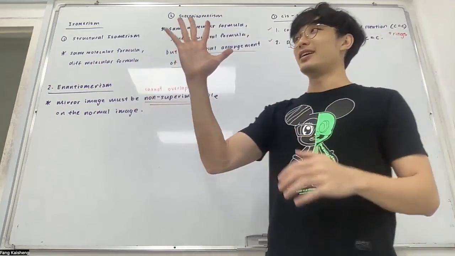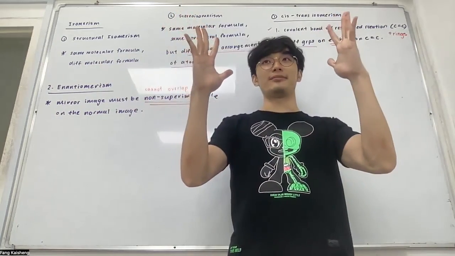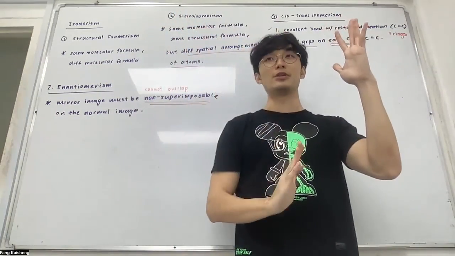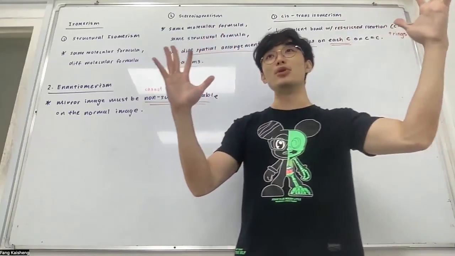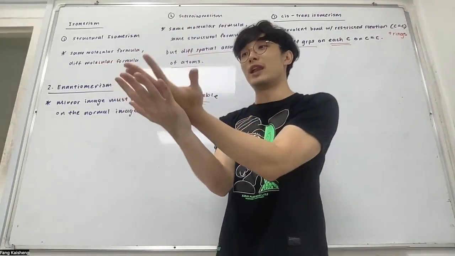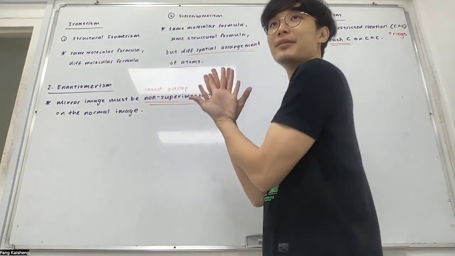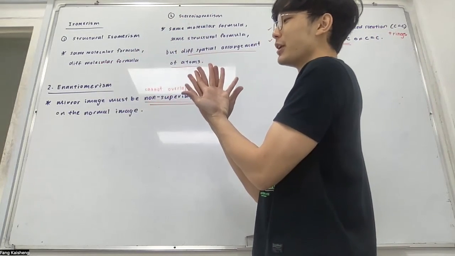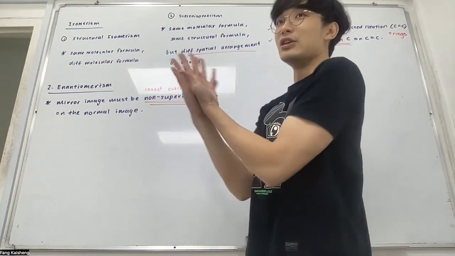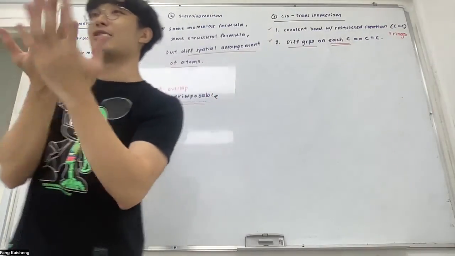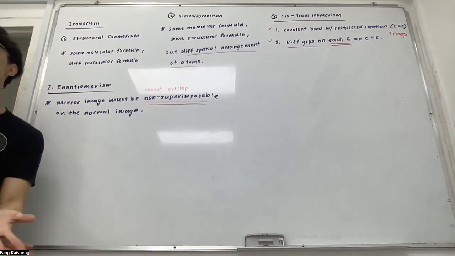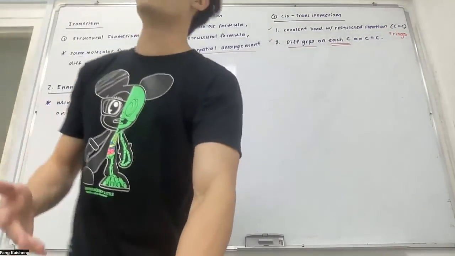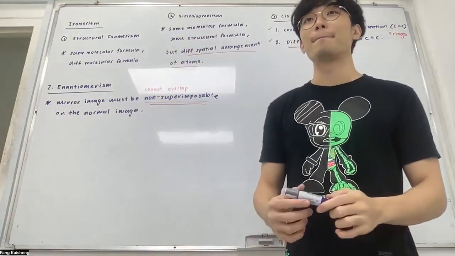My right hand, the mirror image is a left hand. I take the left hand image, pull it into real life, and try to overlap them. Are they perfectly overlapped? No. My thumb is over here, but my thumb is over here. If you try to overlap your right hand and your left hand, they cannot overlap perfectly. So that's what we mean by non-superimposable.